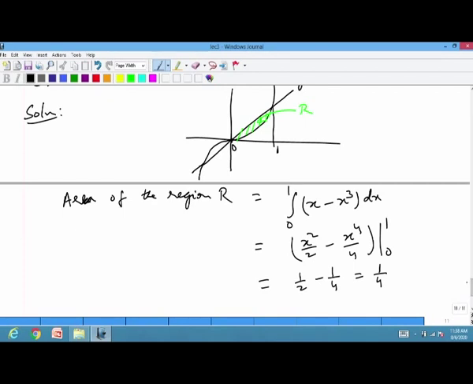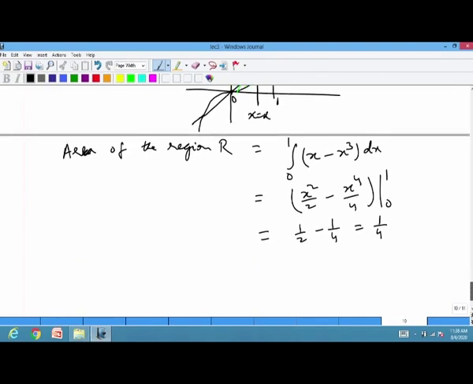Now, we have to find this line x equal to alpha, which divides this in equal parts. That means alpha is such that the integral from 0 to alpha of x minus x cube dx should be equal to half of the area of region R, which is 1 by 4.